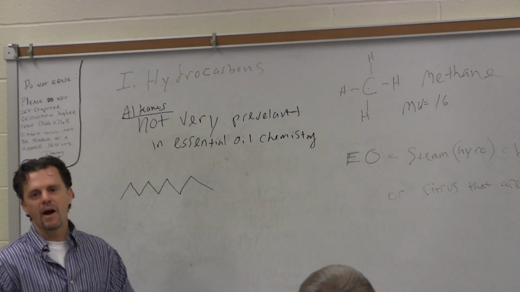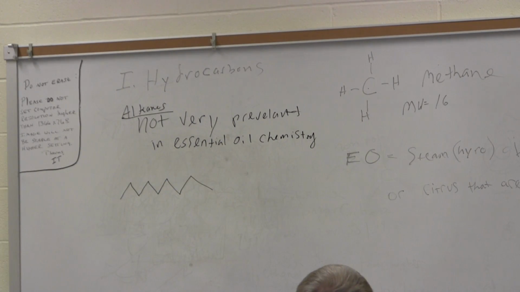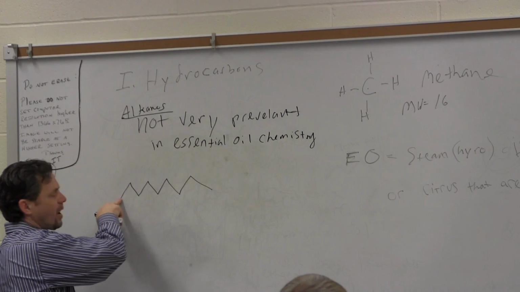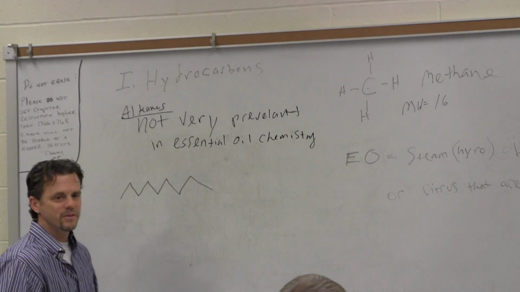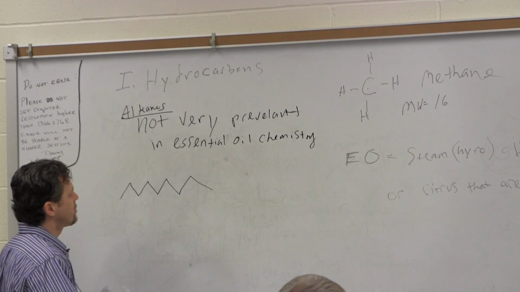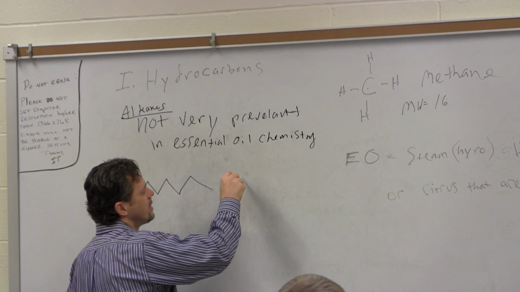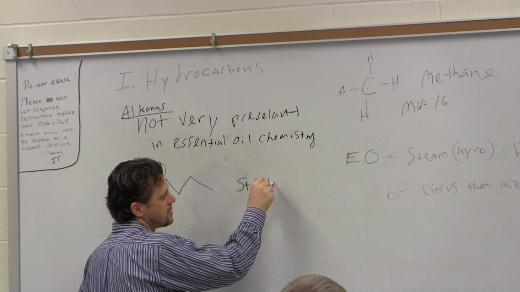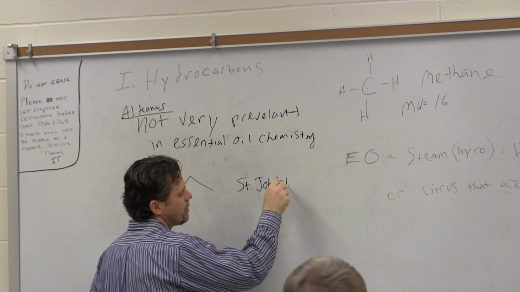Okay, that one. Somebody who's a non-chemistry major, tell me what the name of that molecule is. Nonane, right, yeah. 9 carbons, so it's just a straight chain alkane, nonane. This is found in St. John's wort oil, which is a rare oil.